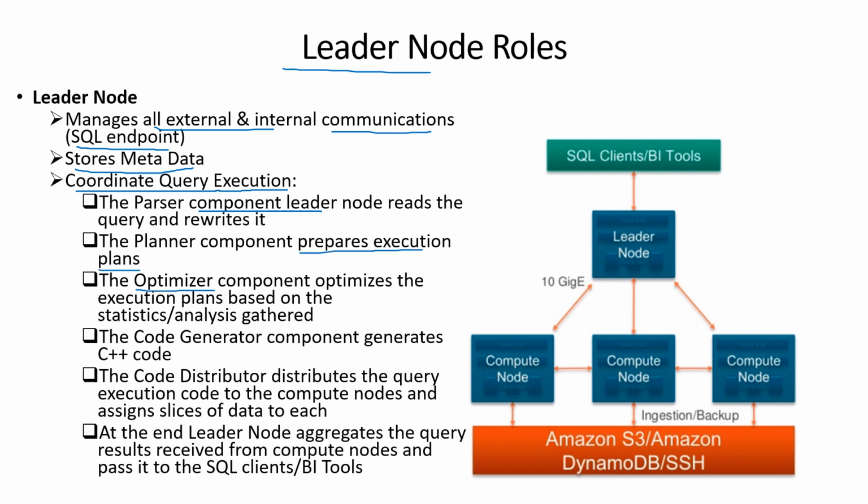The optimizer component optimizes the execution plans based on the statistics and analytics gathered. The code generator component generates C++ code. The code distributor distributes the query execution to the compute nodes and assigns slices of data to each. At the end, the leader node aggregates the query results received from the compute nodes and passes them to the SQL client and BI tools.